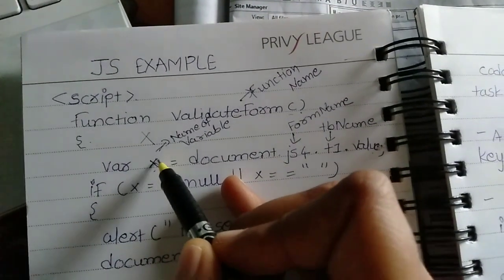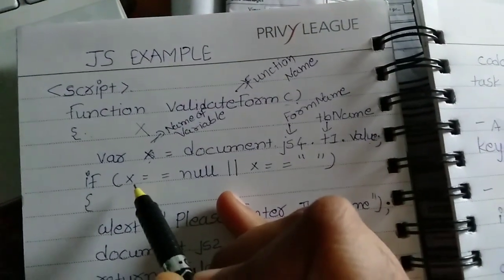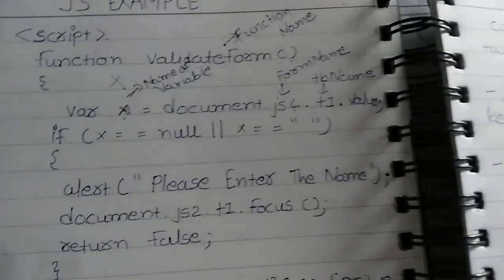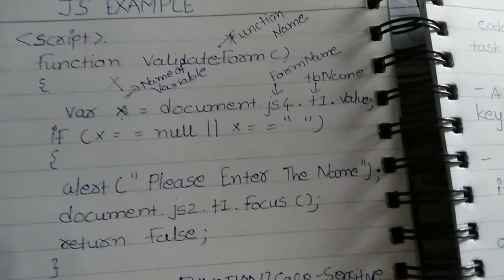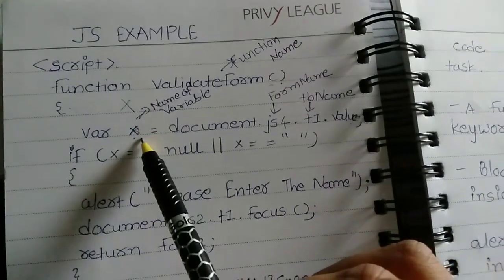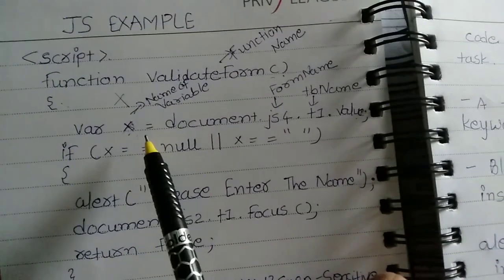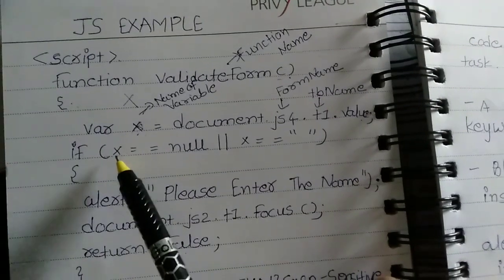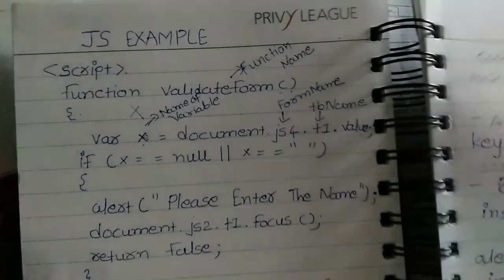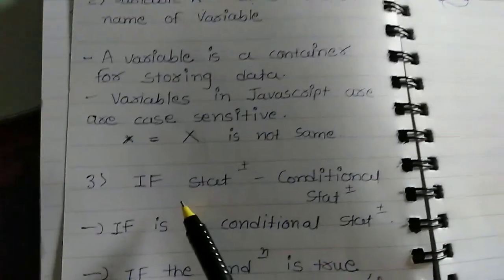But I want to write small x, so I have to write small x here and small x there. Remember, it is most important. JavaScript is a case sensitive language. That's why you have to write in small letters. If I am writing in small letters, then I have to write all these x variables in small letters.